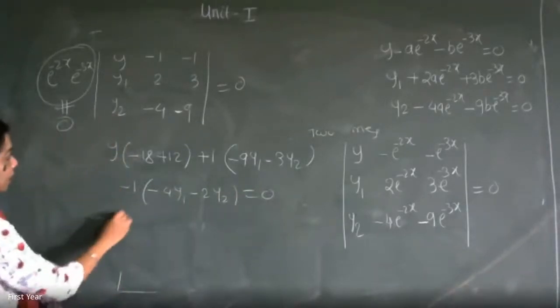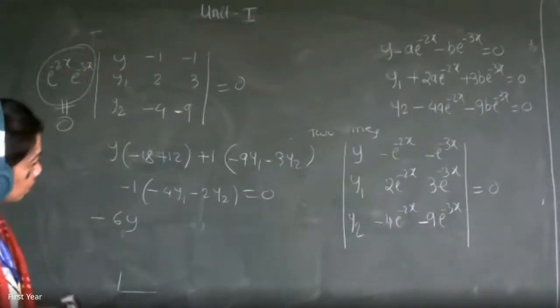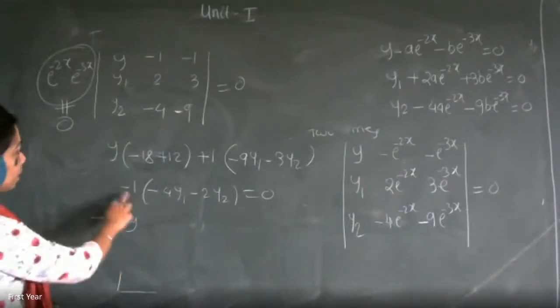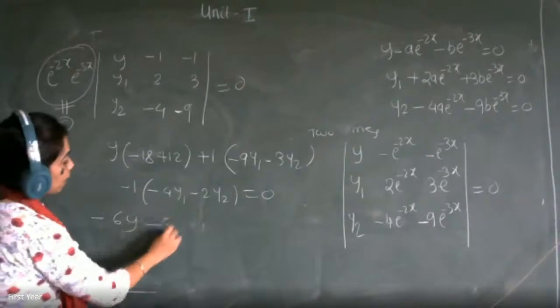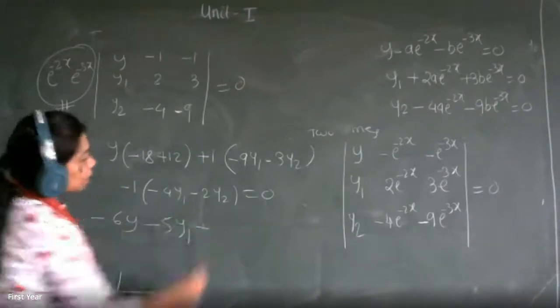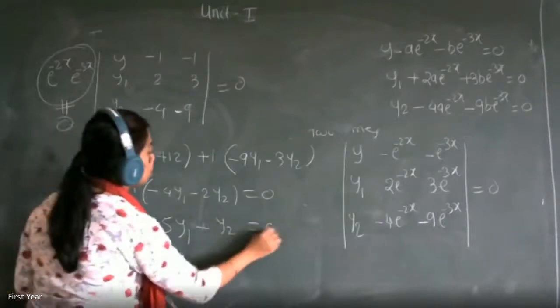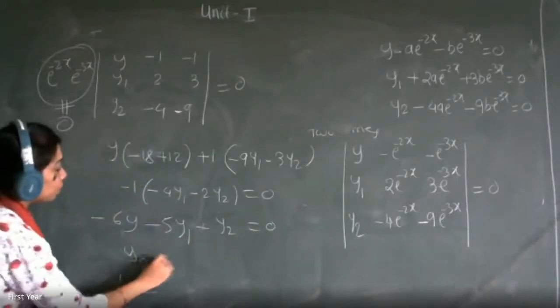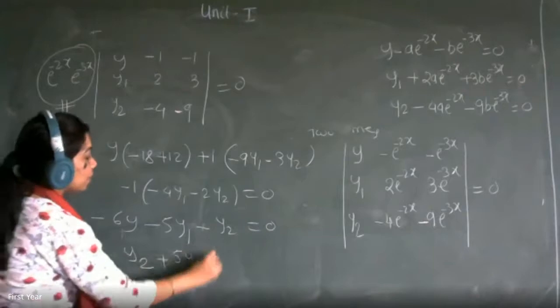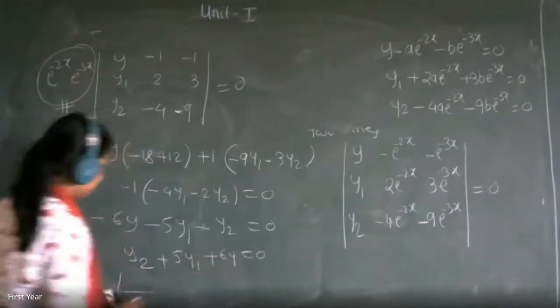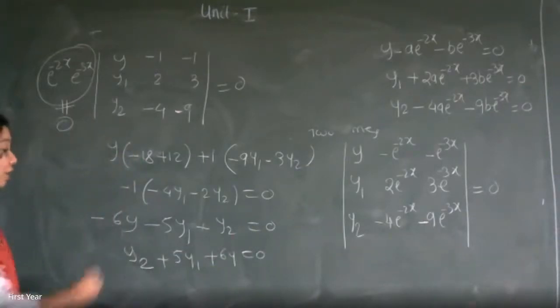Simplify: minus 6y, minus 5y1 and minus y2 equal to 0, or y2 plus 5y1 plus 6y = 0. That is your differential equation.